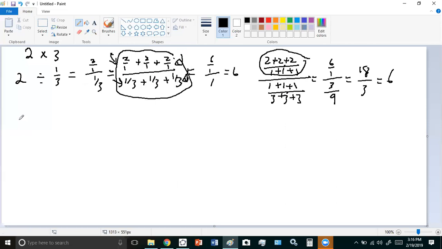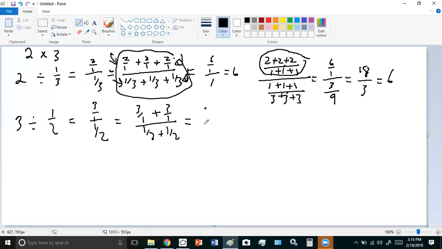And we can do this the other way, as 3 divided by a half, okay, which is the same as 3 over 1 divided by a half, which gives us 3 over 1 plus 3 over 1 over a half plus a half, and that gives us 6 over 1, which again is 6, okay?